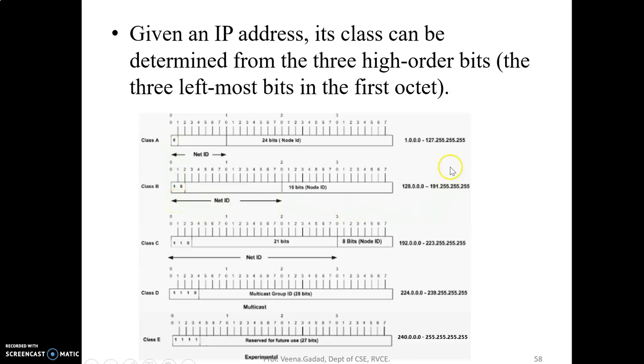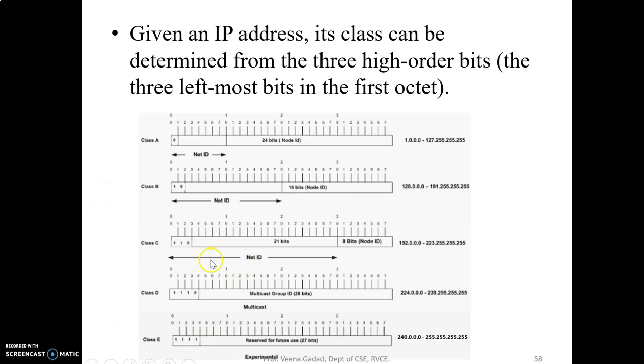In class B, the addresses range from 128.0.0.0 to 191.255.255.255. I would recommend you remember this range, or the first 3 bits, because there are questions in which you will be asked to determine the class to which a particular IP address belongs.